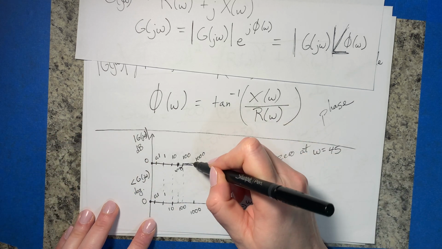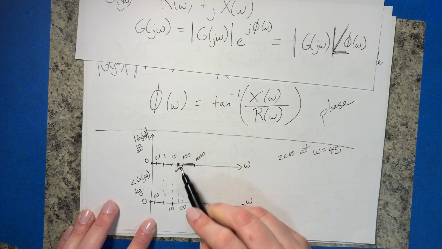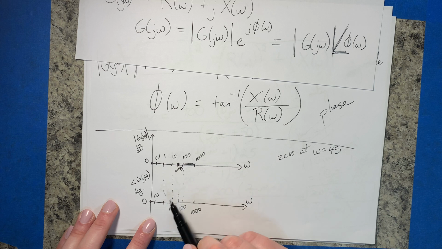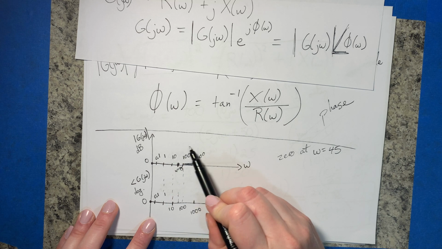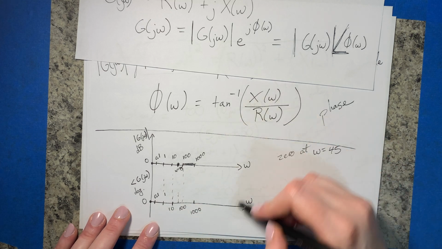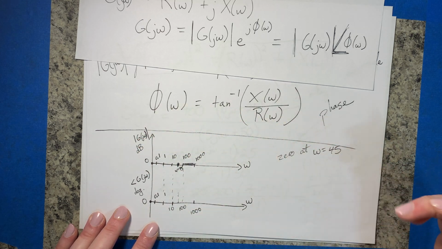These individual parts of the graph, these segments, are referred to as a decade. And so we'll have some information that occurs over a decade. And so that's really how this looks.